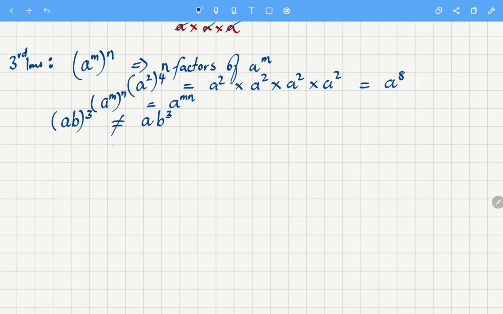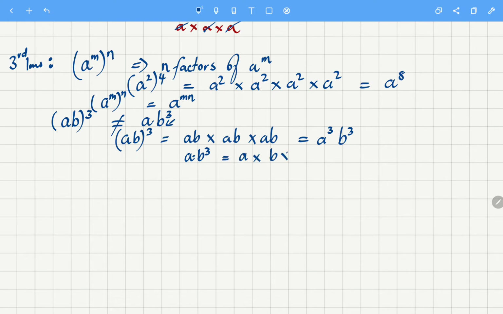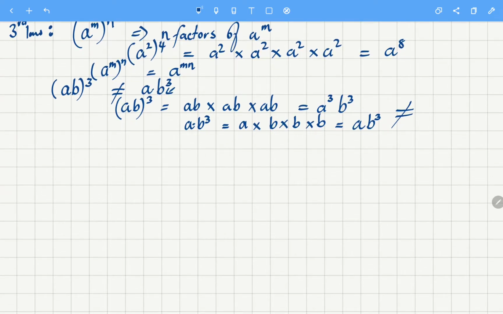So ab cubed equals ab times ab times ab, which is a cubed b cubed. And a times b cubed equals a times b times b times b, which is a times b cubed. So they do not equate. You've got to be careful with that.